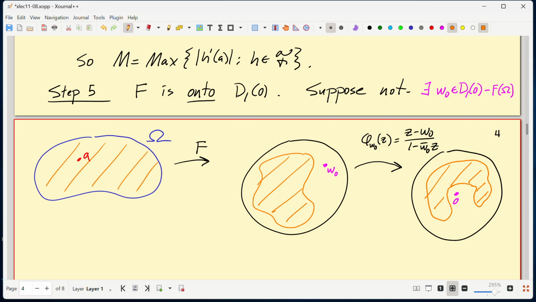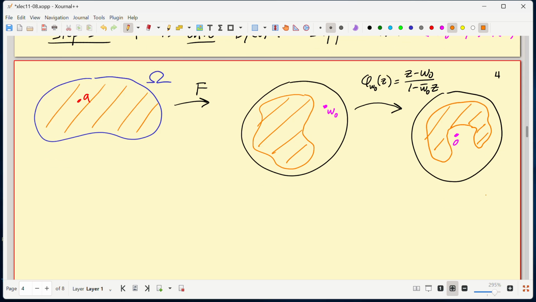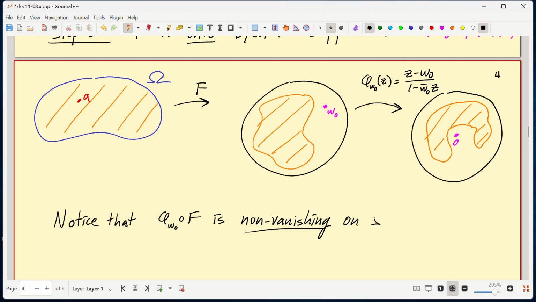Interesting. Notice that the composition phi W naught composed with F is non-vanishing on omega. So it has an analytic square root because omega is simply connected.